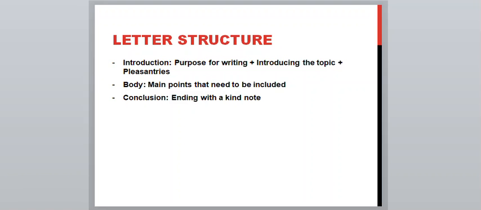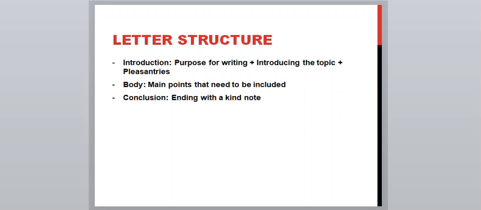An informal letter, on the other hand, is addressed to a relative or a friend or a close companion. And both of these letters have different conditions. So you have certain stylistic conditions for the formal letter and certain stylistic conditions for the informal letter, and we will go through that momentarily.